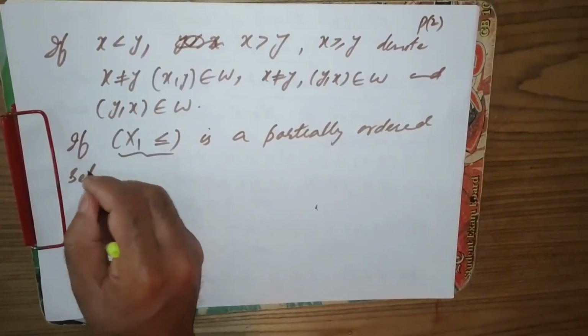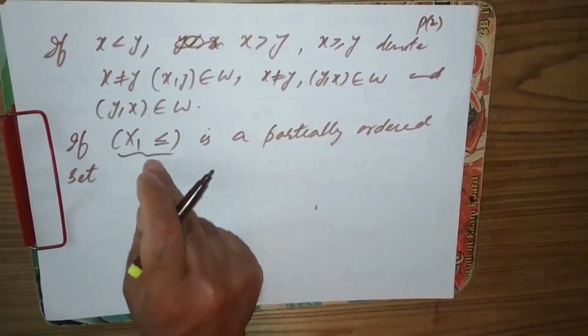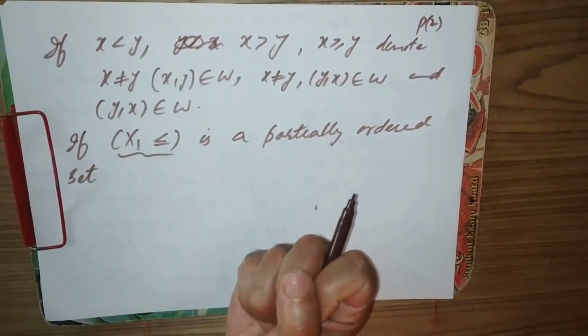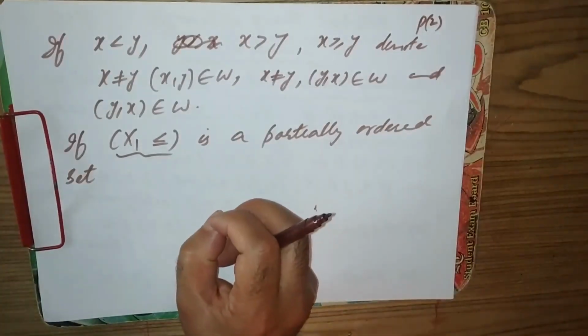So a partially ordered set means the set X together with a partial ordering on that set X. Less or equal to is a partial order relation on that X. Partially ordered means it's reflexive, it's antisymmetric, and it's transitive.